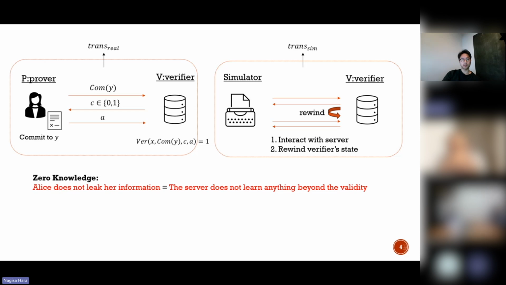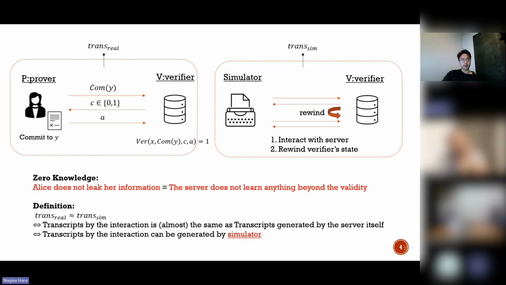One is the transcript generated in the actual protocol, written as trans sub real, and then the right hand side is the transcript generated by such a simulator. So mathematically, zero knowledge is defined as such: the two transcripts are almost the same. By showing this, we say that such a proof system is zero knowledge. In other words, it doesn't leak her information.